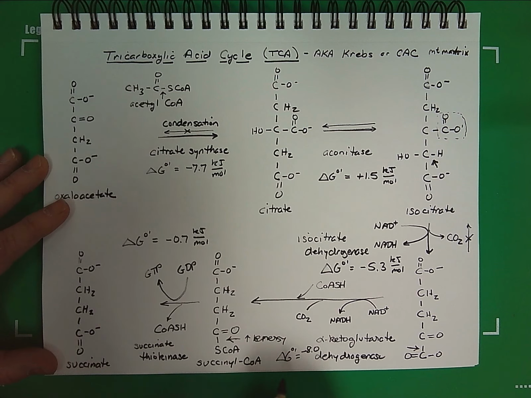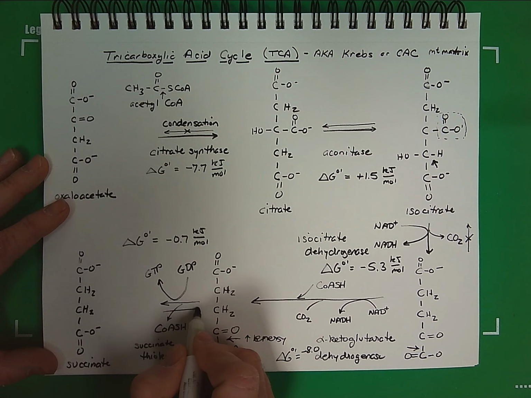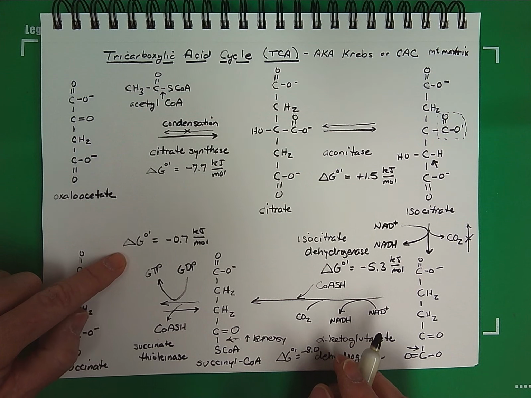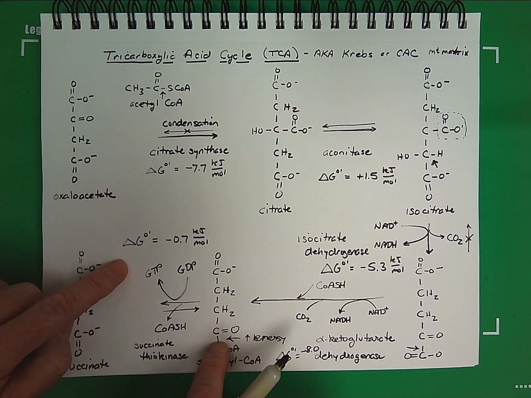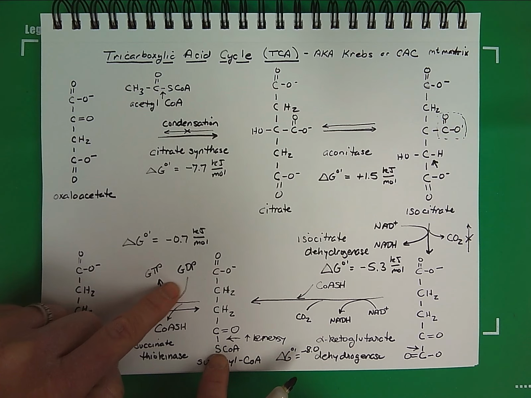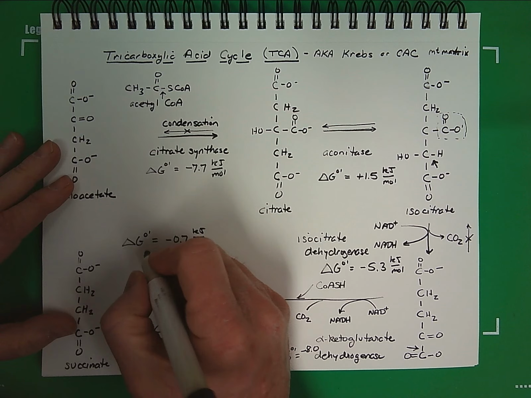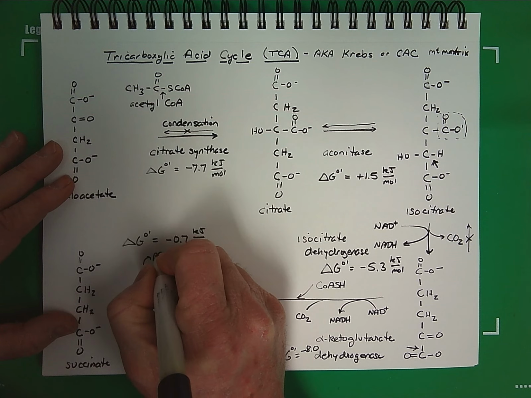Close to 0. So that indicates that the reverse reaction is very, very possible. This is simply due to the fact that we are not gaining or losing energy, we are just transferring energy from this high energy thiol linkage to the phosphate linkage to make GTP. Recall, GTP can be used in protein synthesis.